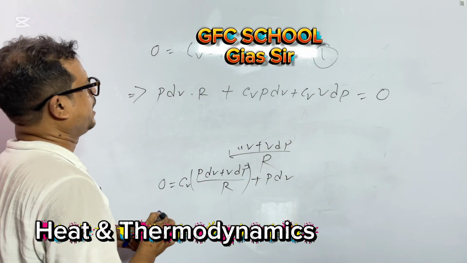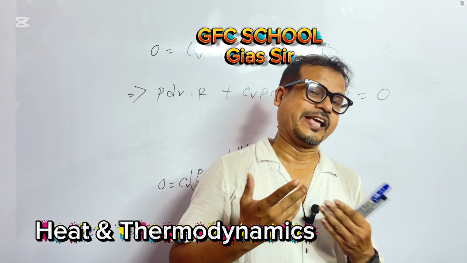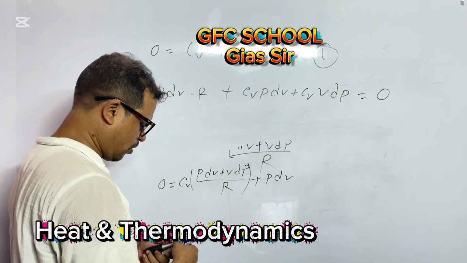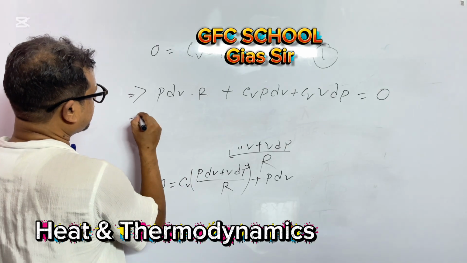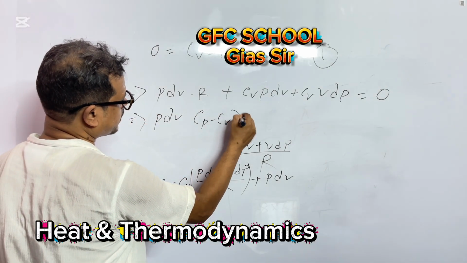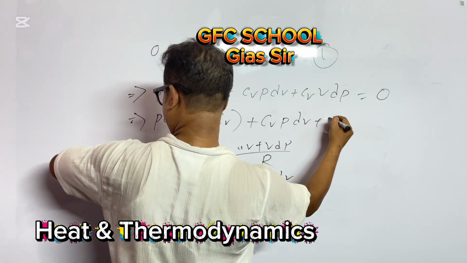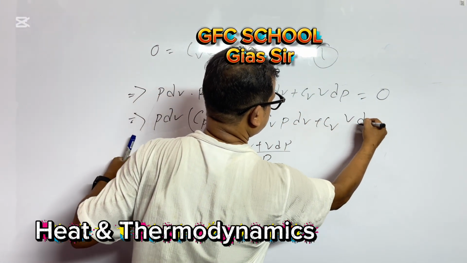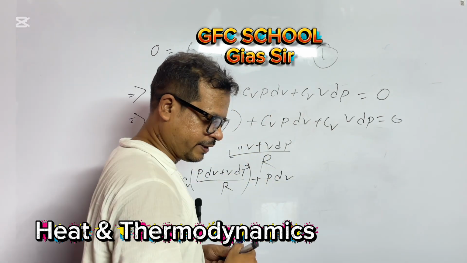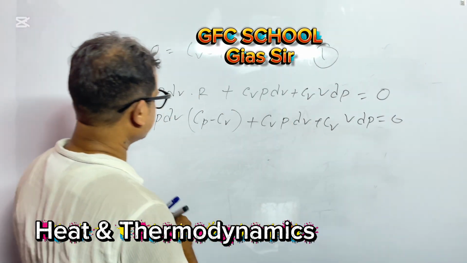Okay, nice. Now we know, guys, I said that first we have to know some basics, and here we have to know what's the value of R. Here R is Cp minus Cv, so (Cp minus Cv) PdV plus Cv PdV plus Cv VdP equals 0. We have put the value of R, and this is the basic.